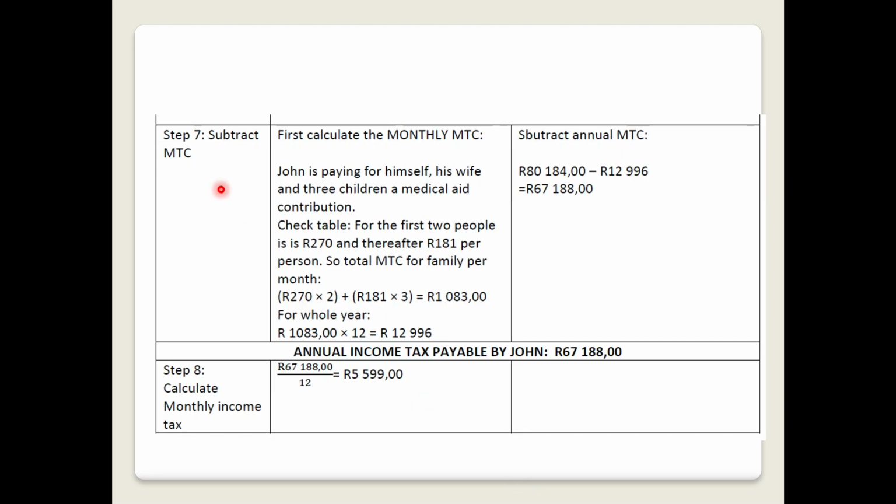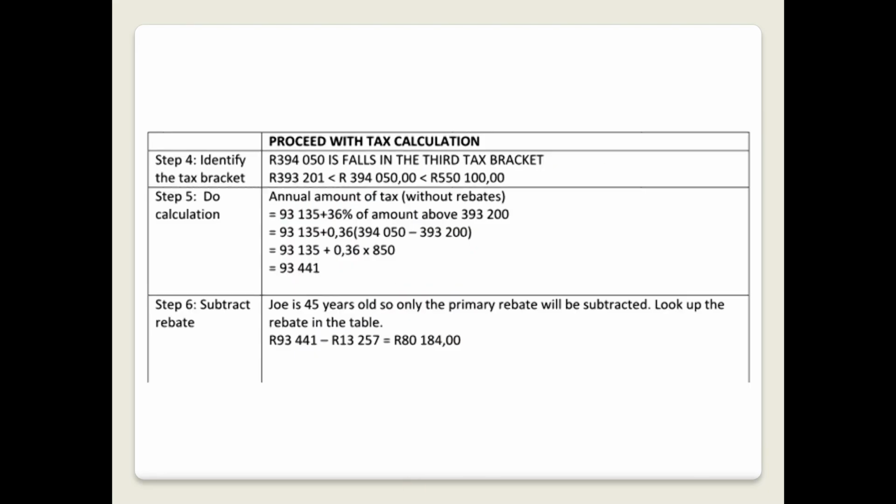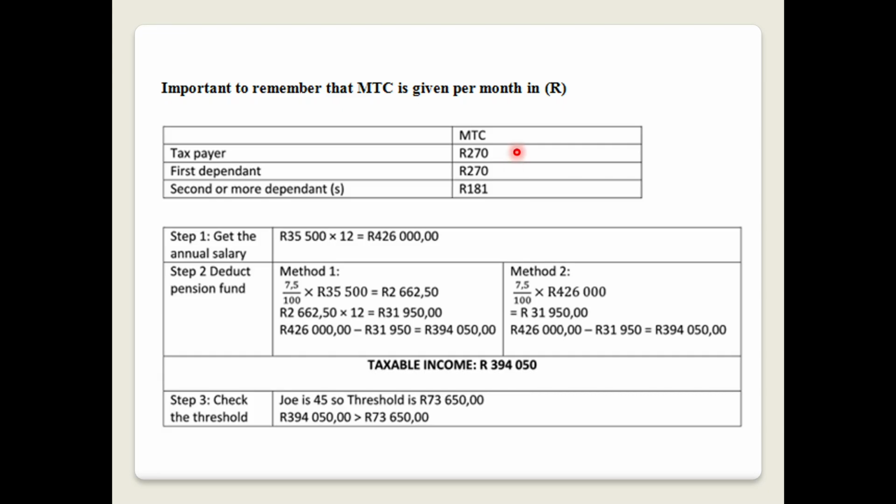Step number 7 is to deduct the medical tax credits. So first calculate your monthly medical tax credits. He's paying for himself, his wife, and 3 children. So for the tables, let's check it. There are the medical tax credits. For the taxpayer, which is John, you can deduct 270 Rand per month.